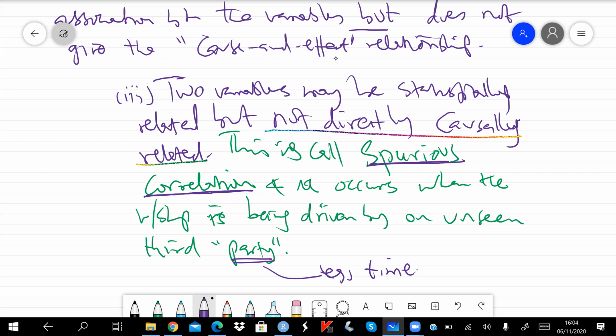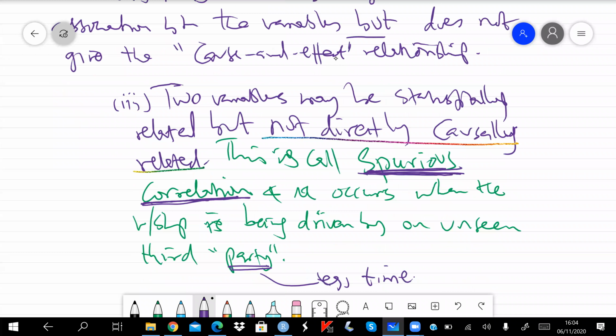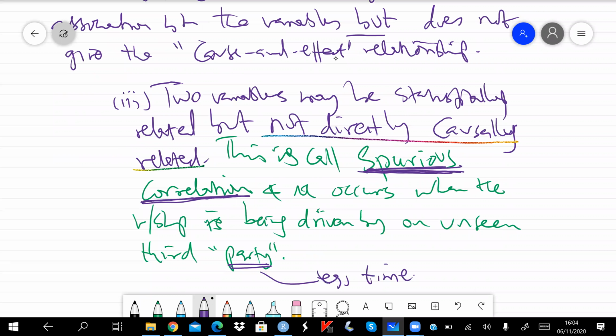So when dealing with correlation, it is very good to be cautious and verify whether the relationship is real or fake. It will be a fake relationship if it is driven by what you call a confounding factor.